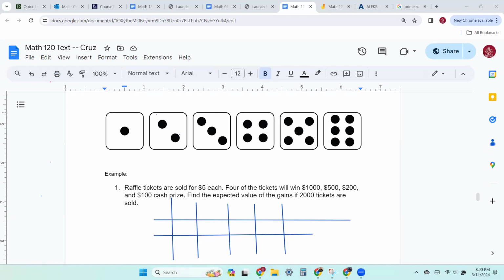All right, so right here is going to be the X, and right here is the probability of X. Okay, so now I'm going to put right here, this is the 1,000.